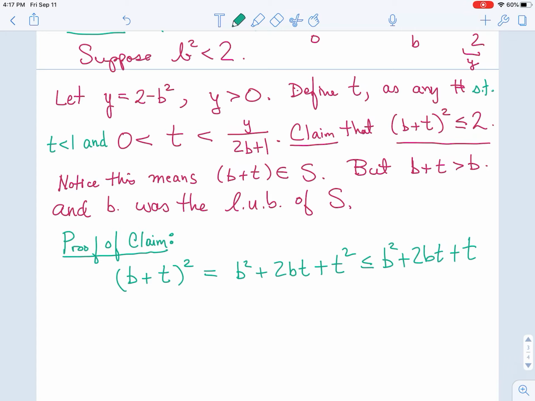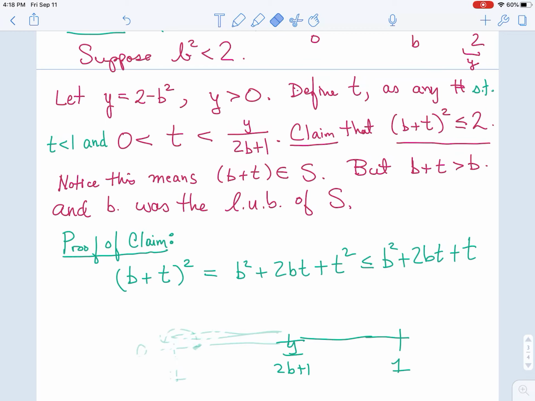Because if you think about what that range is, from 0 to y over 2b plus 1, we pick a number in here, and if it happens that that number was to the right of 1, we'll just pick a smaller one. And if it happens that 1 was out here, then any number we pick in this range is going to be smaller than 1.